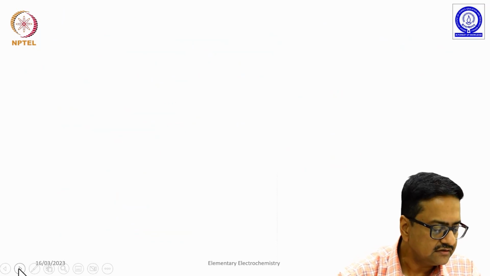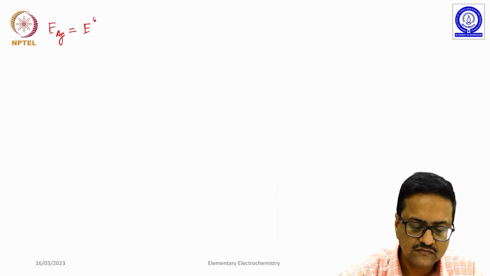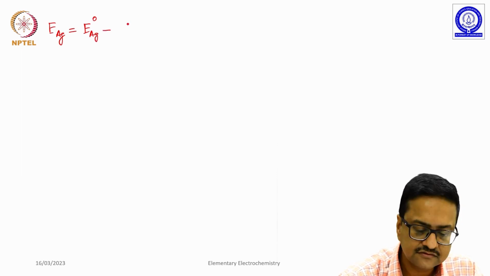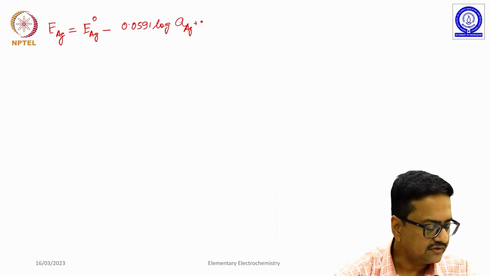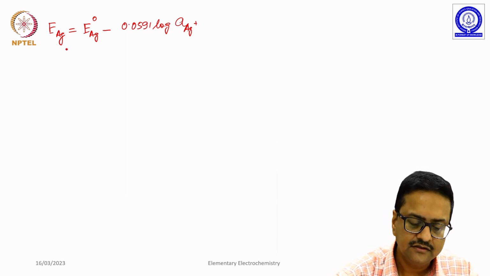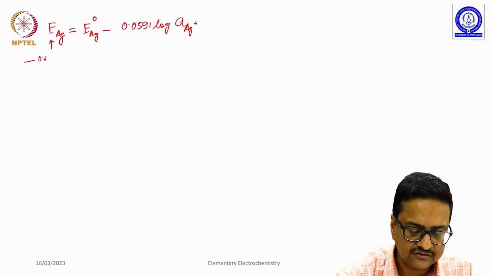So now when we write E Ag equal to E0 Ag minus 0.0591 log activity of Ag plus. So now we have determined that E Ag as minus 0.2844 volts, and this E0 Ag is again minus 0.799 volt.